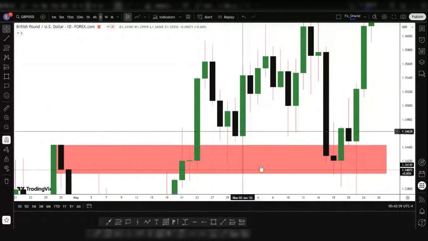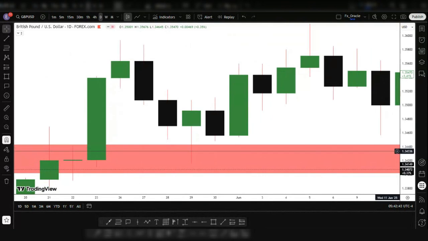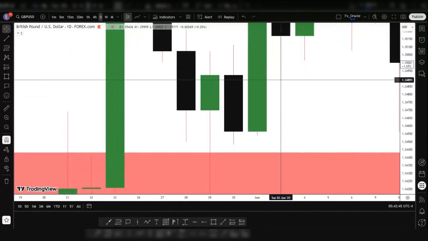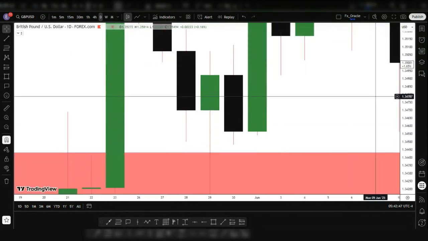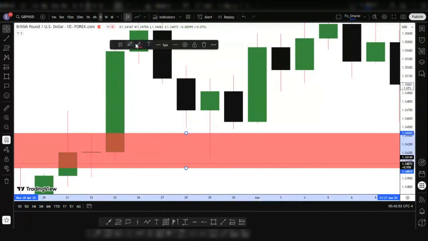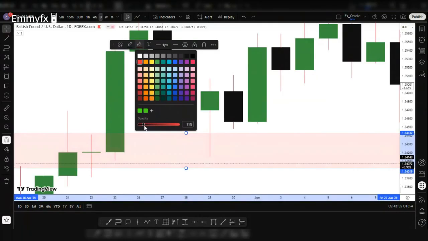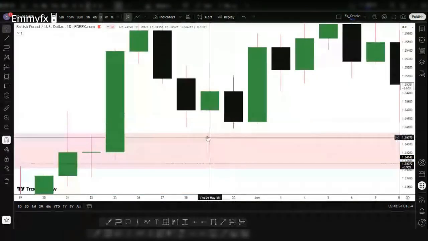Now how are we going to enter? Look at this, the same thing that I've shown you. This is a pin bar here. Now let me reduce this color. Now you can see the pin bar here.